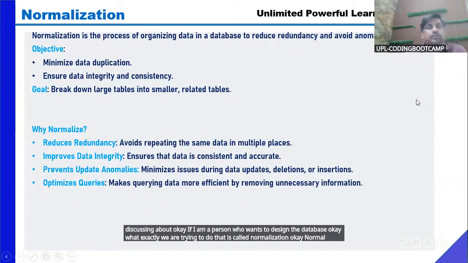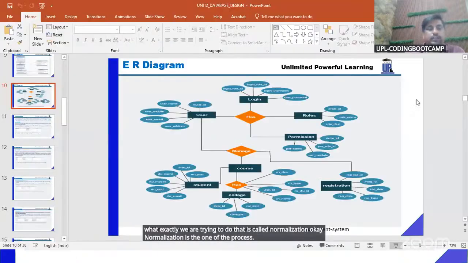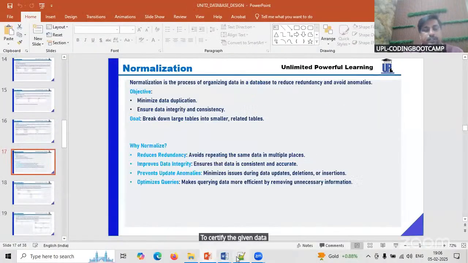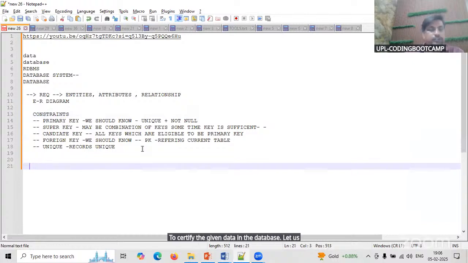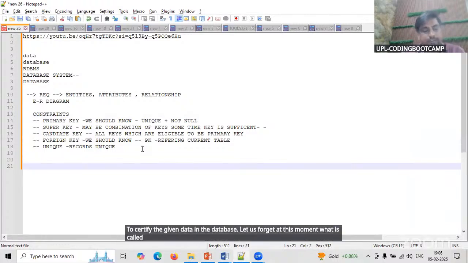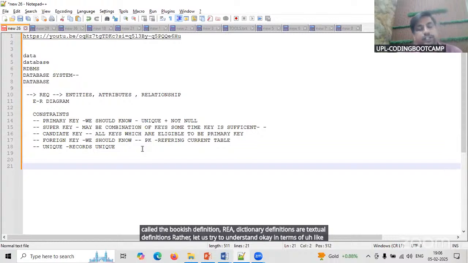Normalization is one of the processes to certify the given data in the database. Let us forget at this moment the bookish definition or dictionary definitions or textbook definitions. Rather, let us try to understand in terms of a better understanding of database design.